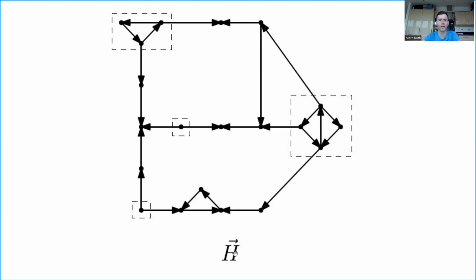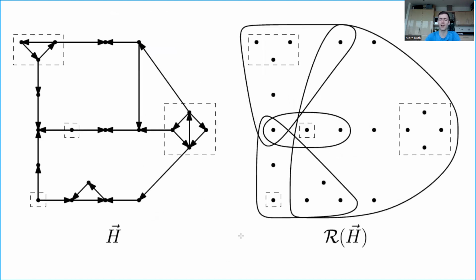Imagine you're given this directed graph H, and we are first interested in the sources of H. Here, a source is just a strongly connected component that has in degree 0, and those 4 are precisely the sources. If we identify the sources, we can associate each directed graph with what is called the reachability hypergraph, denoted by R of H. The vertices of this reachability hypergraph are the vertices of our graph.